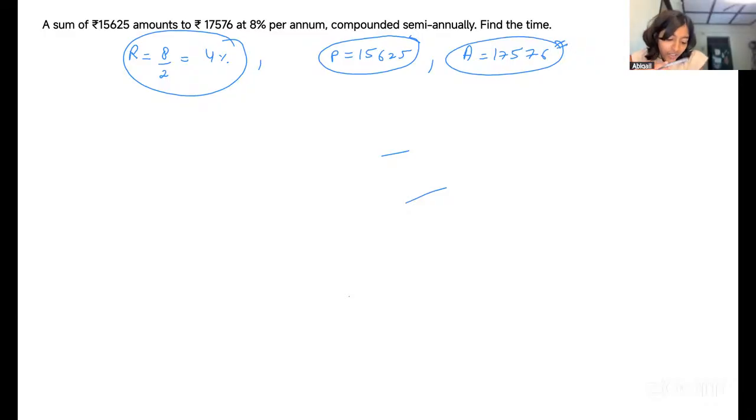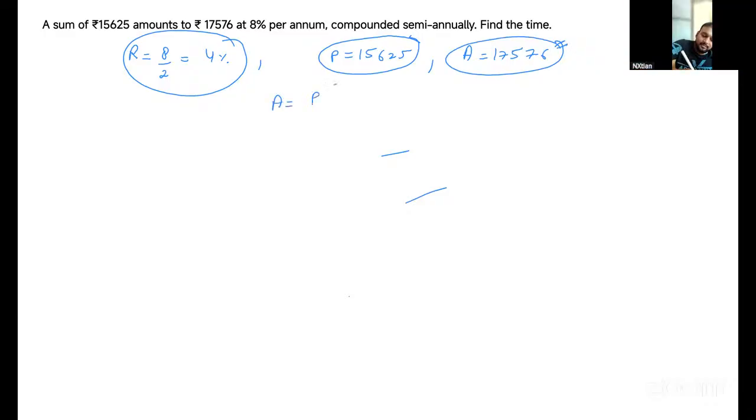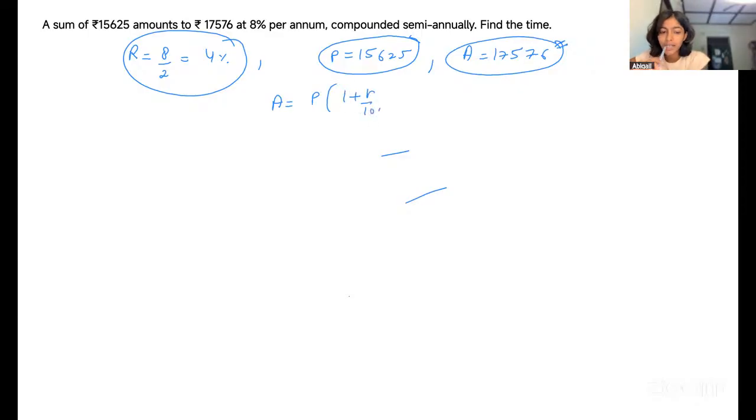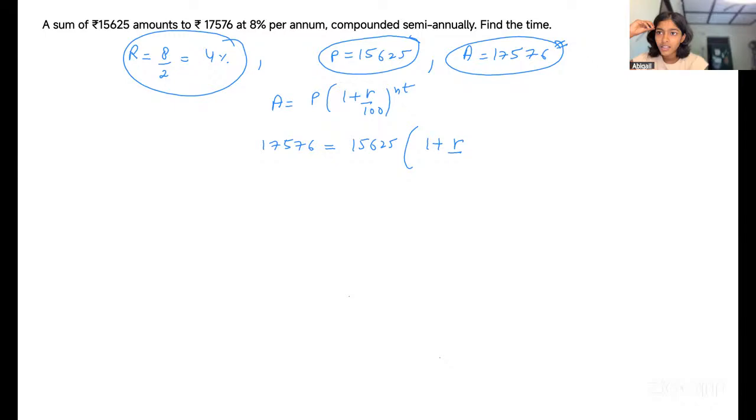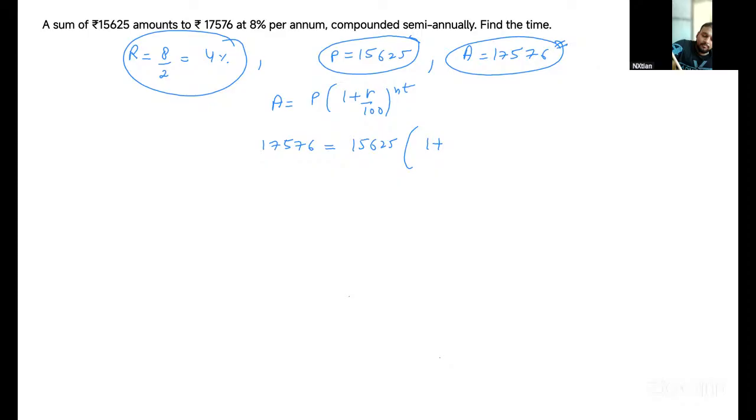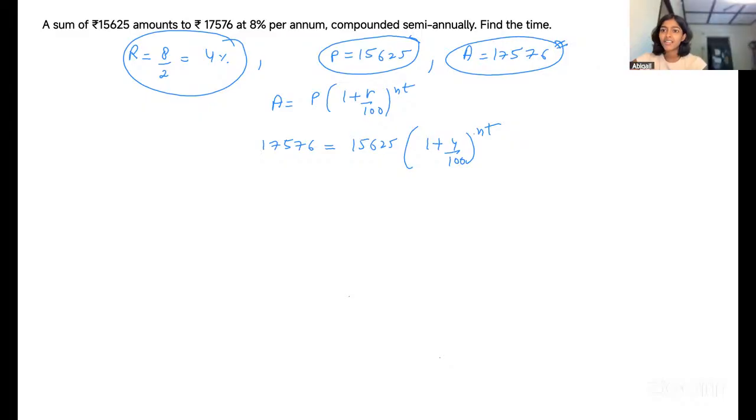So then we have to write A is equal to P into 1 plus R by 100 to the power of NT. Then we substitute the value. Then we'll write 17,576 and 15,625.